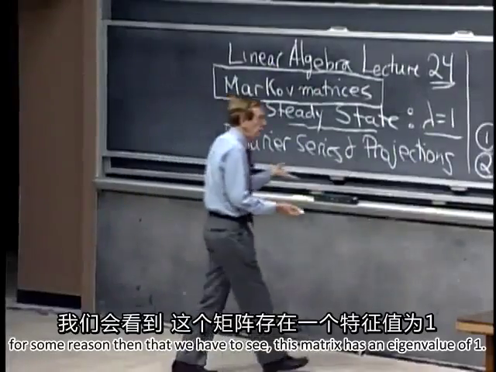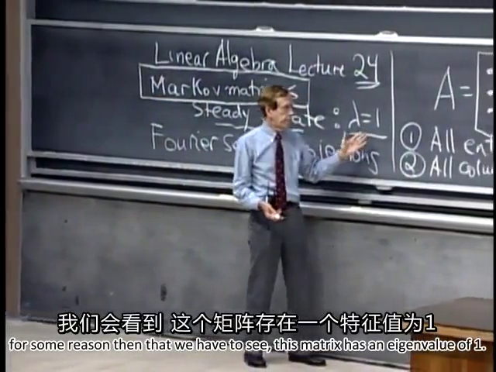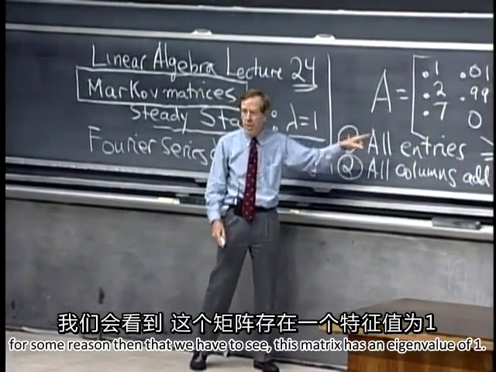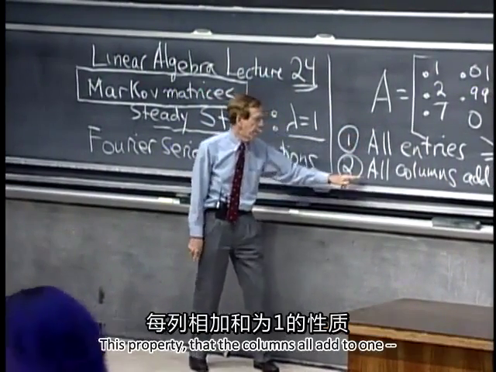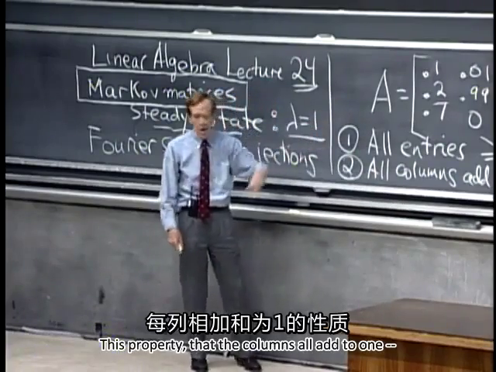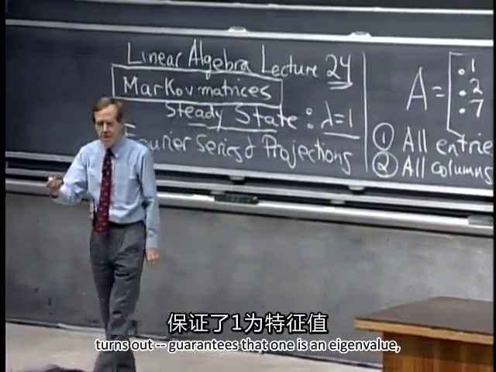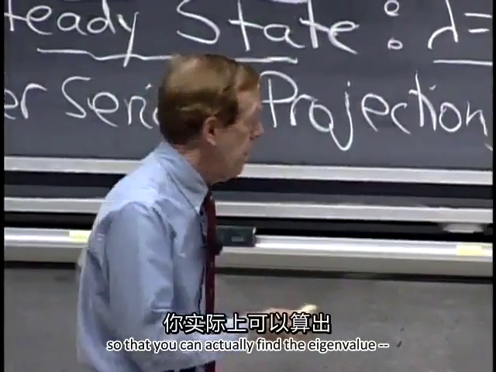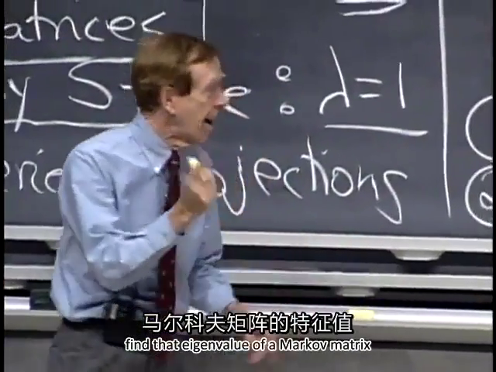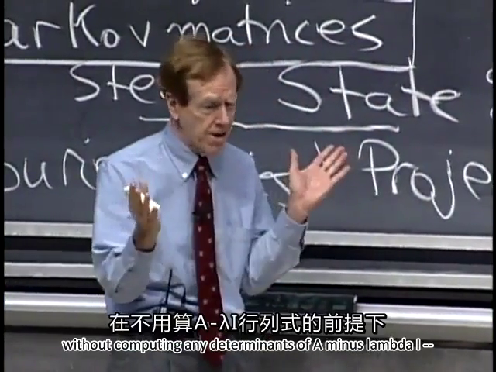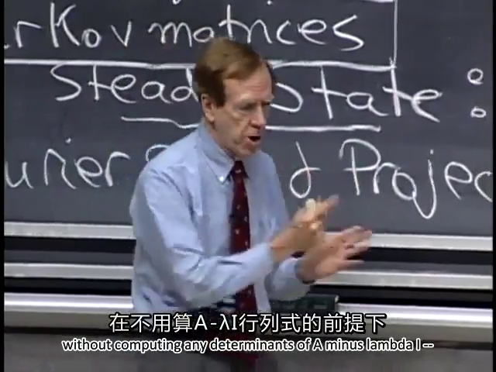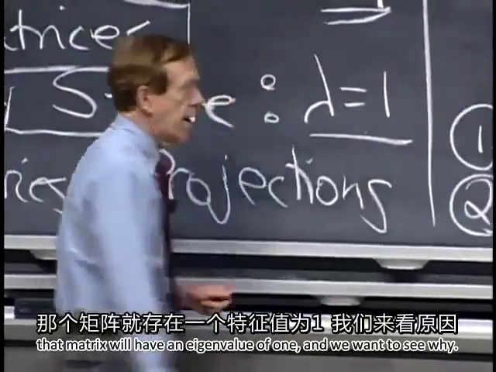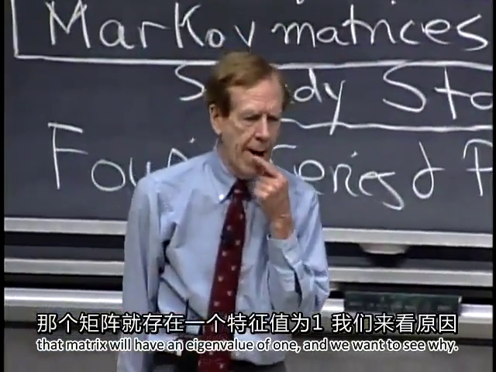Now, for some reason that we have to see, this matrix has an eigenvalue of 1. This property that the columns all add to 1 turns out to guarantee that 1 is an eigenvalue. So you can actually find that eigenvalue of a Markov matrix without computing any determinants of A minus lambda I.